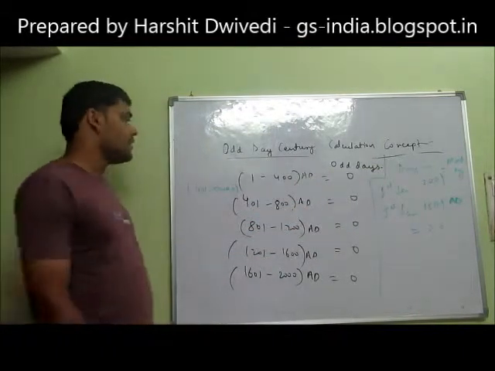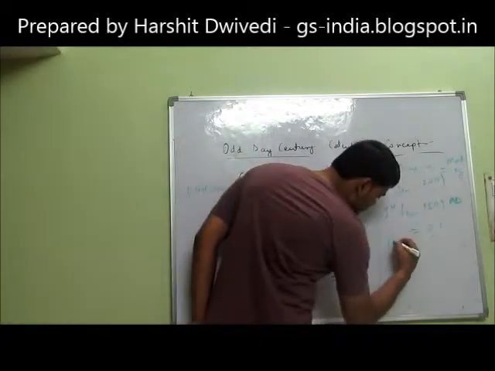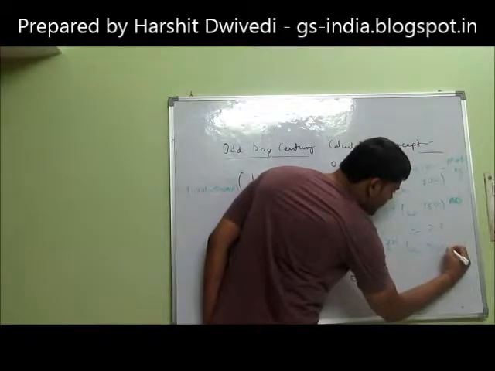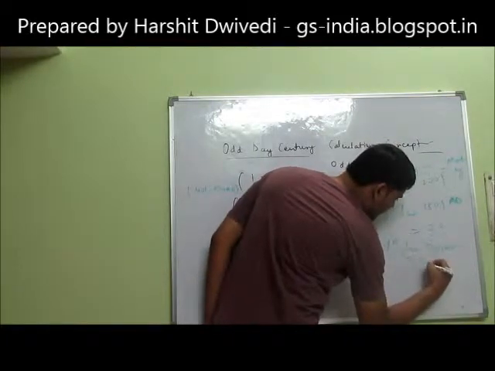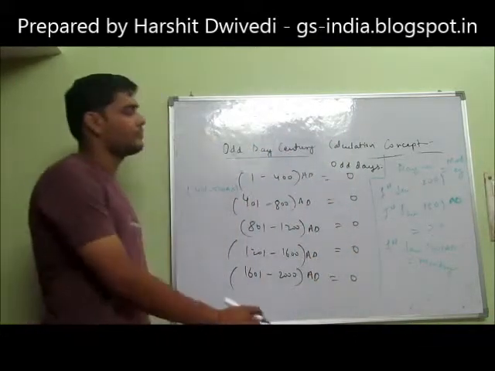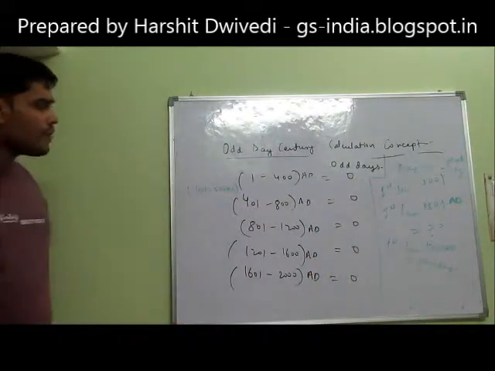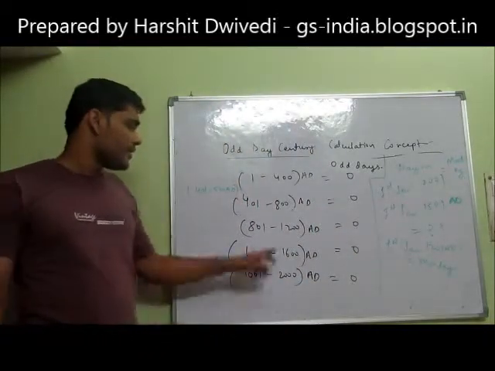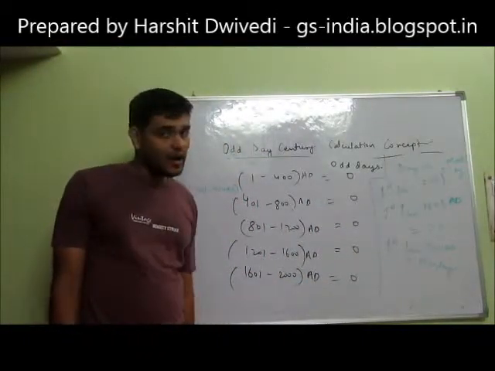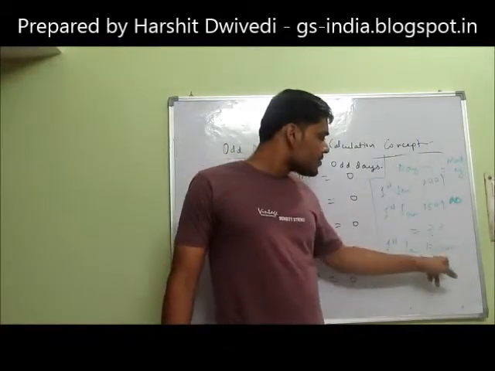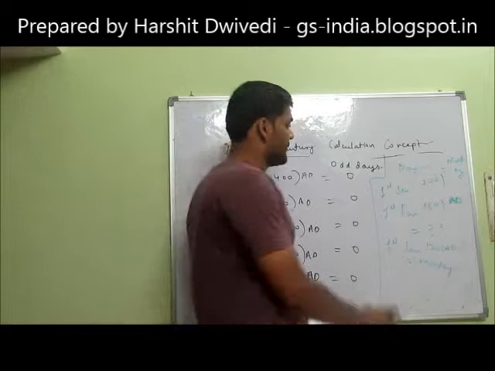I can say that on 1st of January 1201 AD, the day would be Monday. I hope this is clear to you. Now, we have to reach 1580, so from 1201 to 1300, I am writing it here.